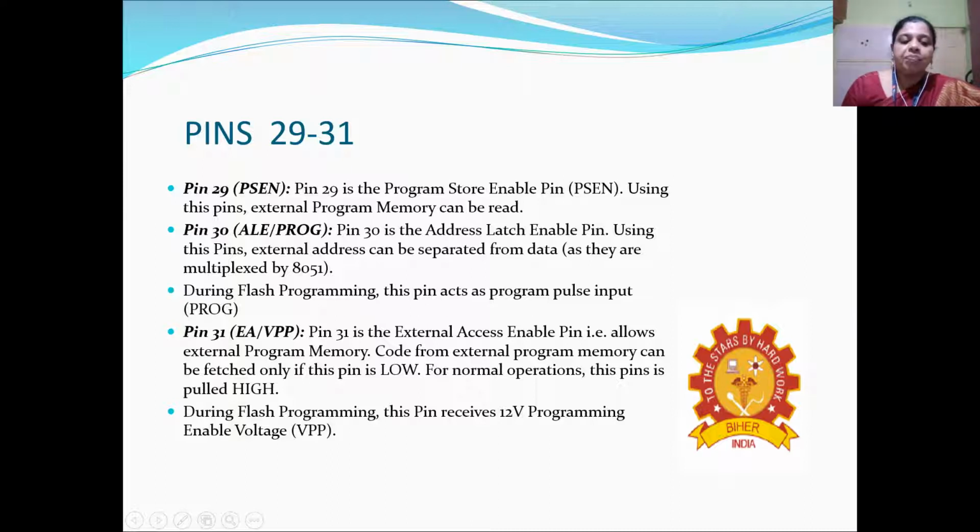The same way in pin 30, address latch enable is a high signal and program is a low signal. External access will be used when we are interfacing external memory, and VPP is to provide the programming voltage, that is the 12 volt programming voltage. In that case, VPP will be used.